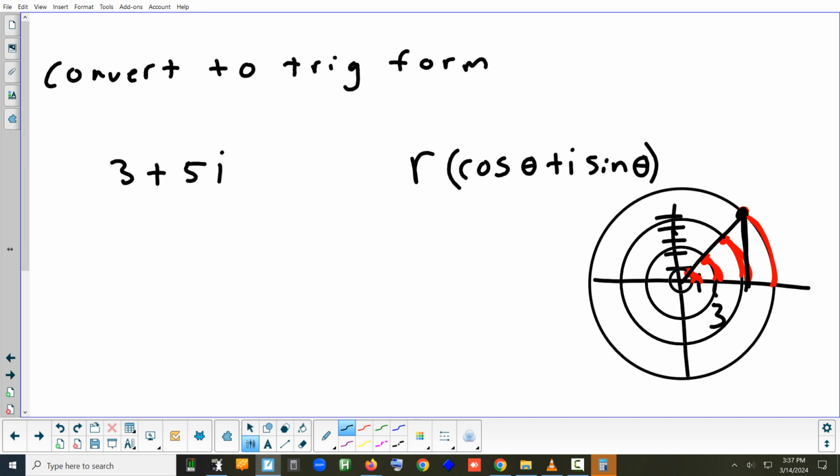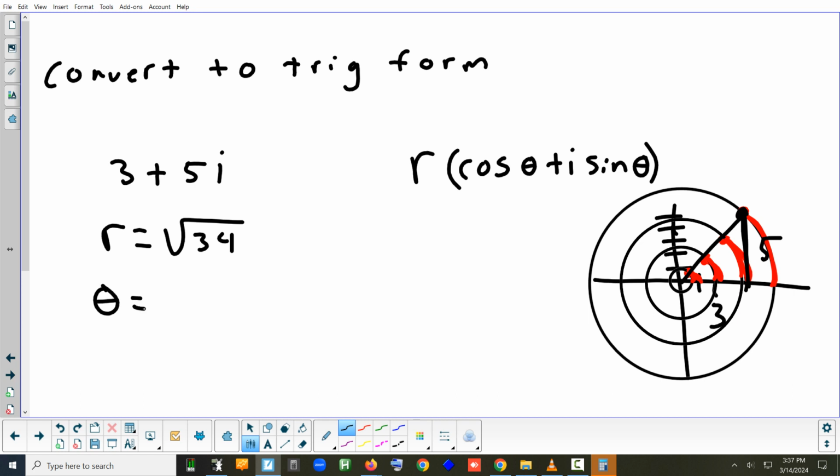And the height is 5. So the hypotenuse, which is the radius, would be the square root of what number? 34. Yes. Not worried about reducing that, even if we could. So there's my radius.